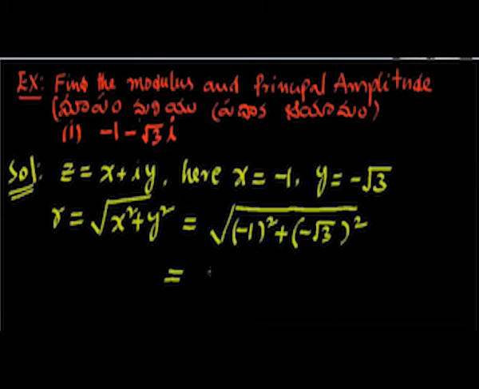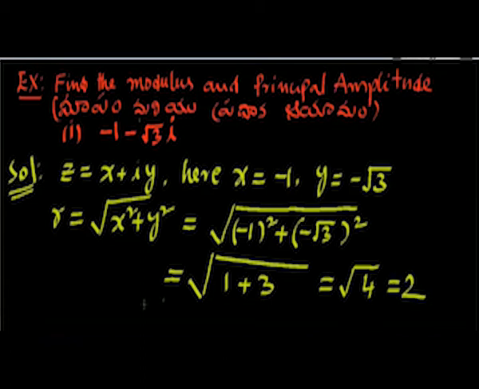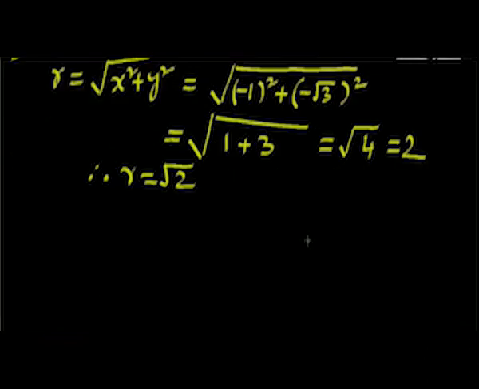So -1 square will be 1 only, and minus root 3 square is 3. So that is nothing but root 4, and that is equal to 2. Therefore the r value is 2. This is the modulus of this given complex number. Okay, it is only 2, not root 2. Root 4 is only 2, the modulus is 2.